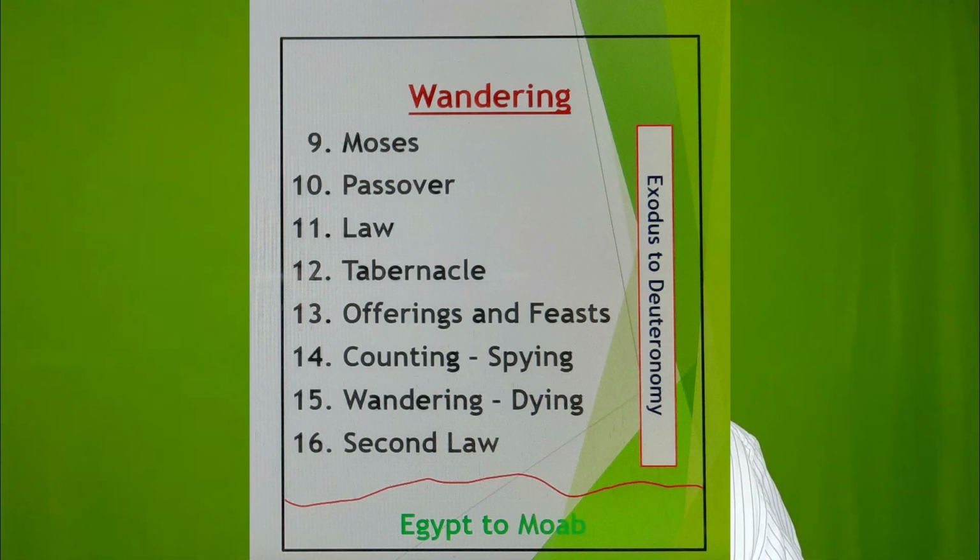They started doing offerings and feasts. After the counting of the people, they started their journey, and the spy work failed. They were wandering and dying in the wilderness for 40 years. At the end, God gave the law for the second time through Moses, and he died there.